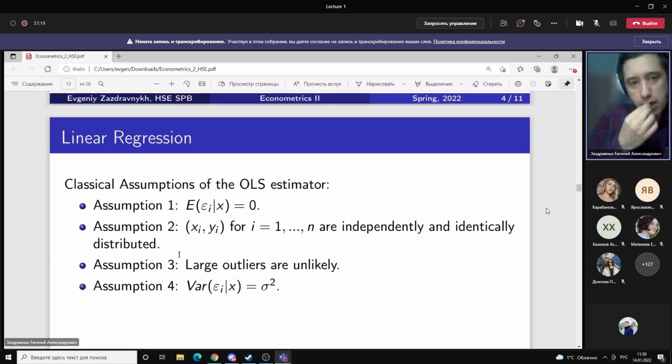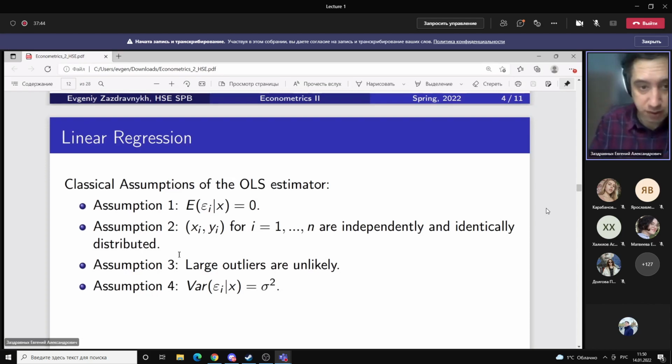We use assumption 1 to obtain unbiased and consistent betas. This assumption gives us good betas, as our betas are unbiased and consistent. Another assumption, assumption 4, means that our error term conditional on x has the same variance.